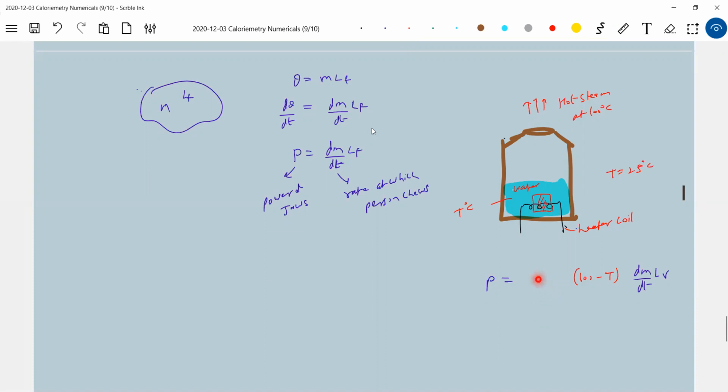So these can be the formulas. We'll put m into the specific heat of water, into the change in temperature, over the time delta T1.